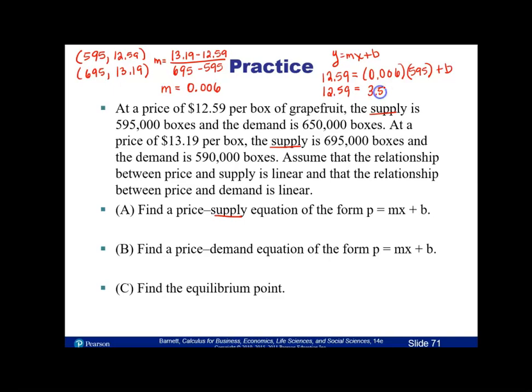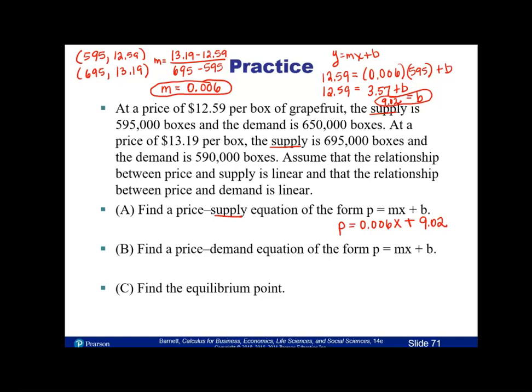Okay, so that's going to be 3.57 plus b. I'm going to subtract 3.57 from both sides, and that's going to give me 9.02. So this is my y-intercept. This is my slope. So my equation is going to be P is equal to the slope, which is 0.006, times x, which is the supply, plus my y-intercept, which is 9.02.